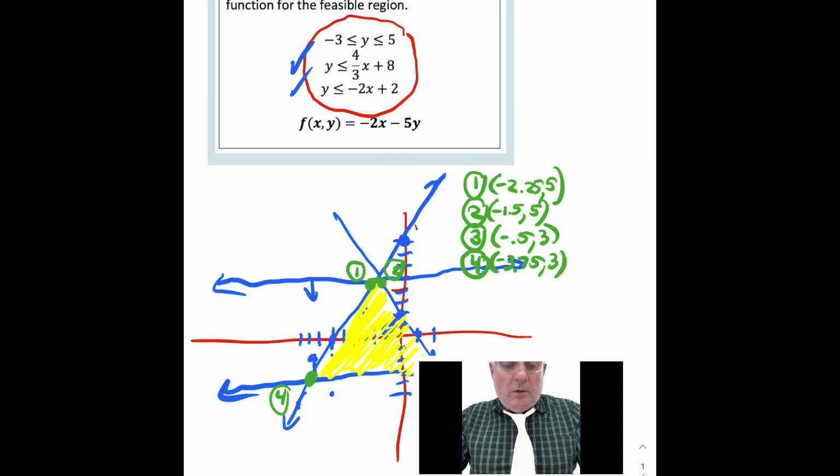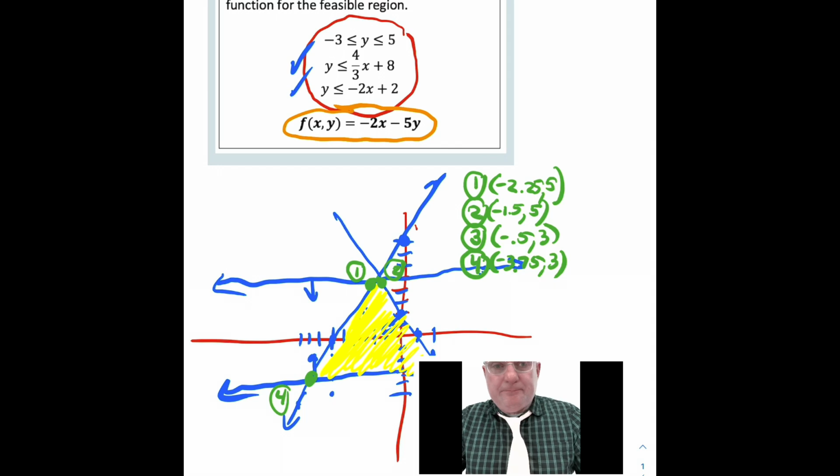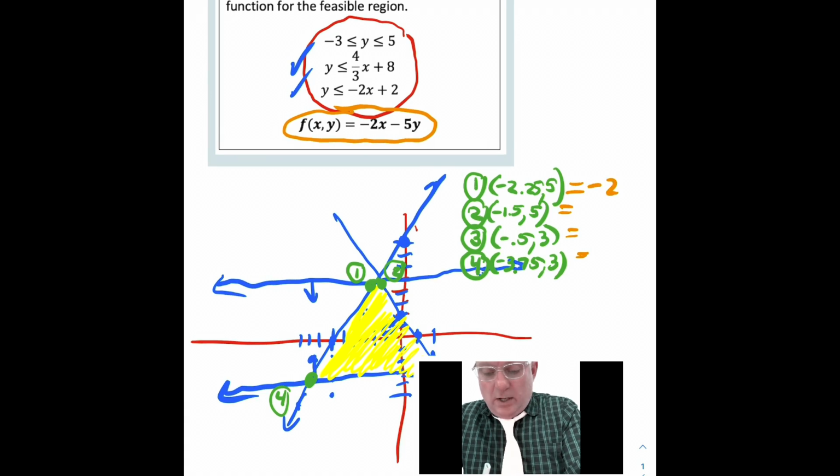Okay, so then what I'm going to do is plug those into this f of x, y function and see what I get. So when I plug in negative 2.25 times negative 2, that would give me 4.5, minus 5 times 5, which would be 4.5 minus 25, which is negative 20.5.